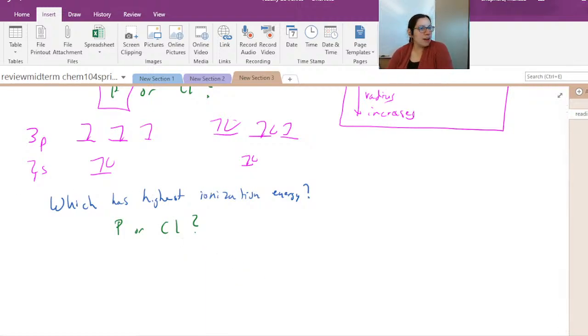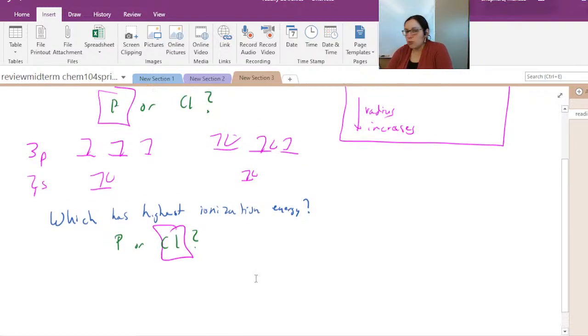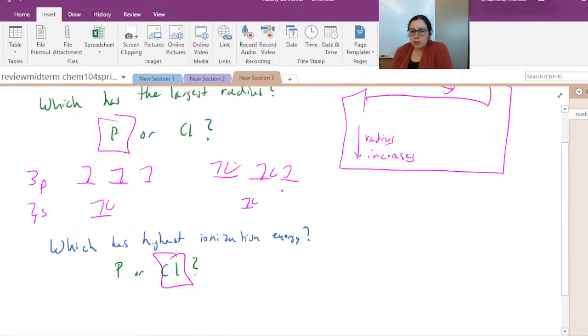And then what do we remember about ionization energy? So who has the highest ionization energy? So chlorine, and kind of opposite trend from your radius. So same explanation, except this time it's really close to fulfilling the octet. So it's not going to want to pop off an electron. And you might have to remember what is ionization energy?